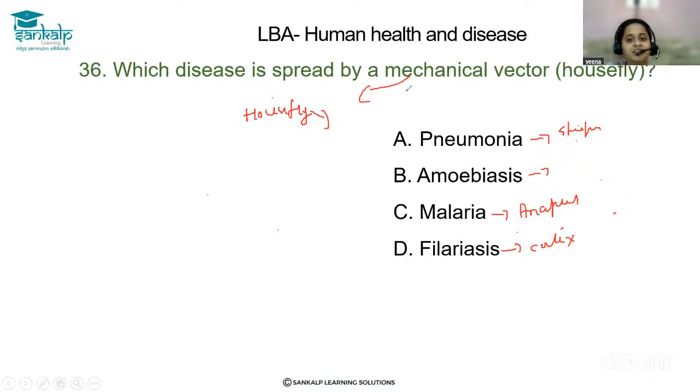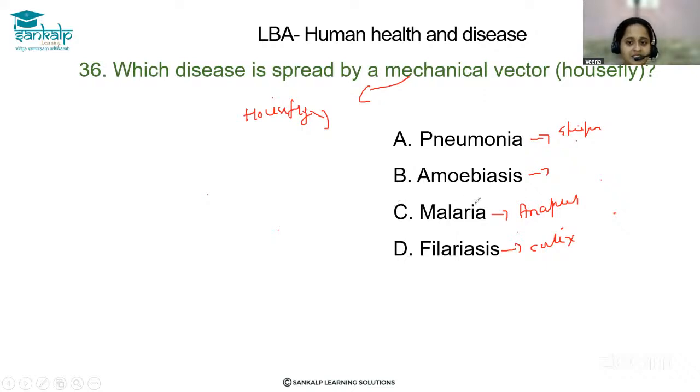That's why it is called a mechanical vector. The housefly sits on fecal matter and then comes and sits on food. This is how the food becomes contaminated. But the housefly does not get affected in this case. That's why it is called a mechanical vector.